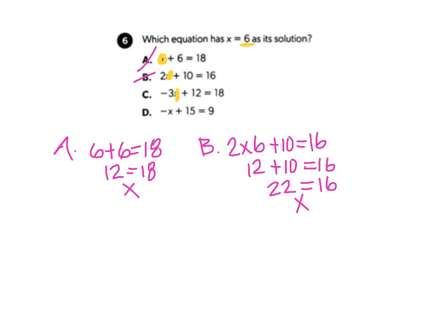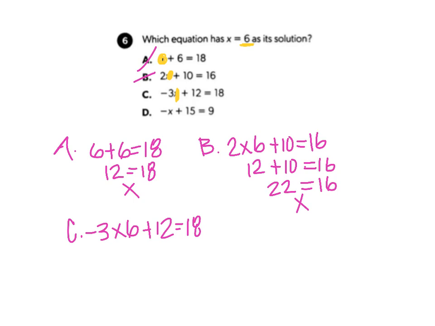Answer choice C says negative 3x plus 12 is 18. So the x is going to be timesing with negative 3. So I'm going to test that one out. Negative 3 times 6 plus 12 should equal 18 if this is the right one.